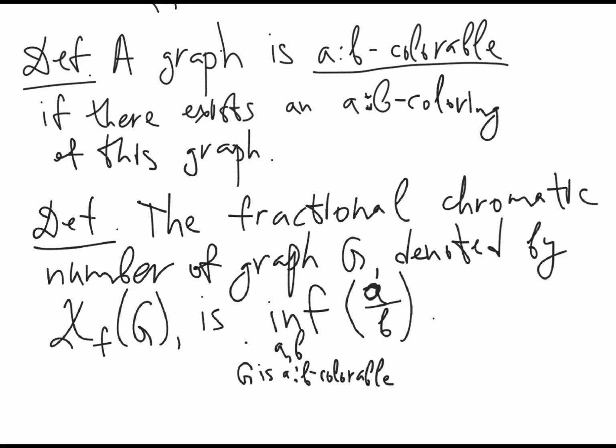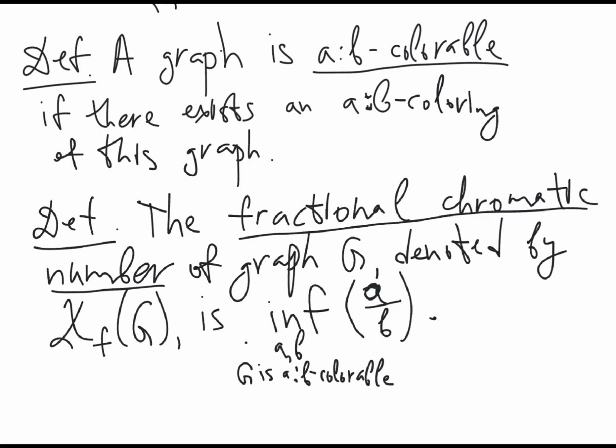We actually do divide A by B somewhere, and it's here. So the infimum of all such fractions A divided by B such that A and B are parameters of a fractional A colon B coloring of the graph G. This is called the fractional chromatic number of a graph.